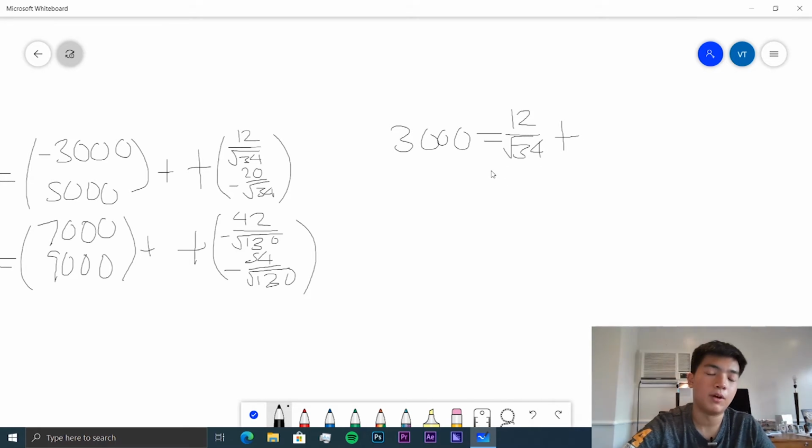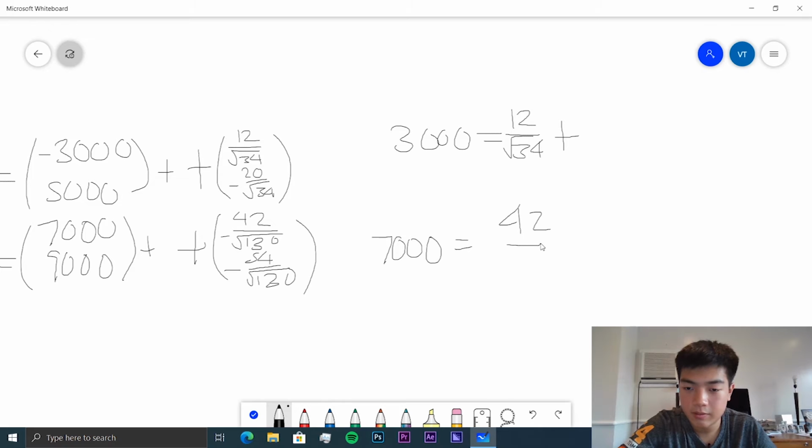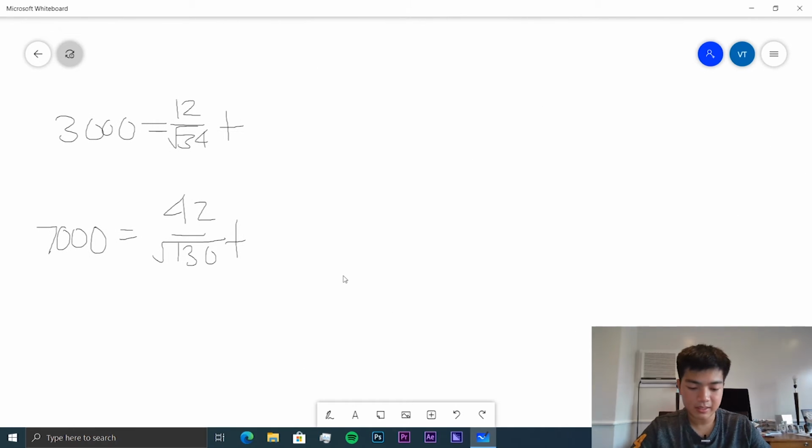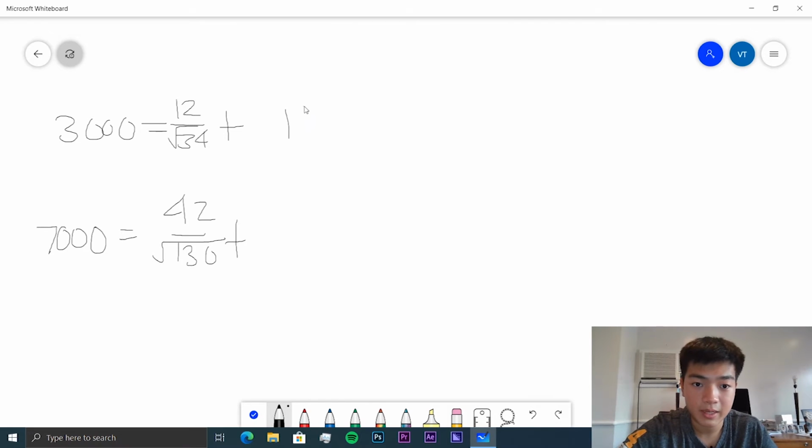We can only solve one of the parametric equations, and in this case, 7,000 is equal to 42 over square root 130 t, and we need to calculate which t is lower. In this case, 3,000 times square root 34 divided by 12 is equal to 1,458 seconds.